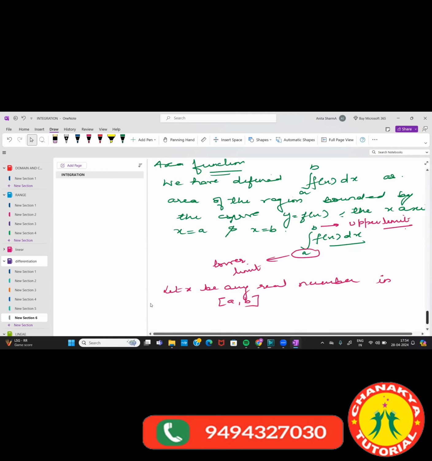Obviously, it will include, square bracket. Right? Because for a closed interval, the value of x will be greater than or equal to a, and less than or equal to b. Got it? This is your closed interval, right?